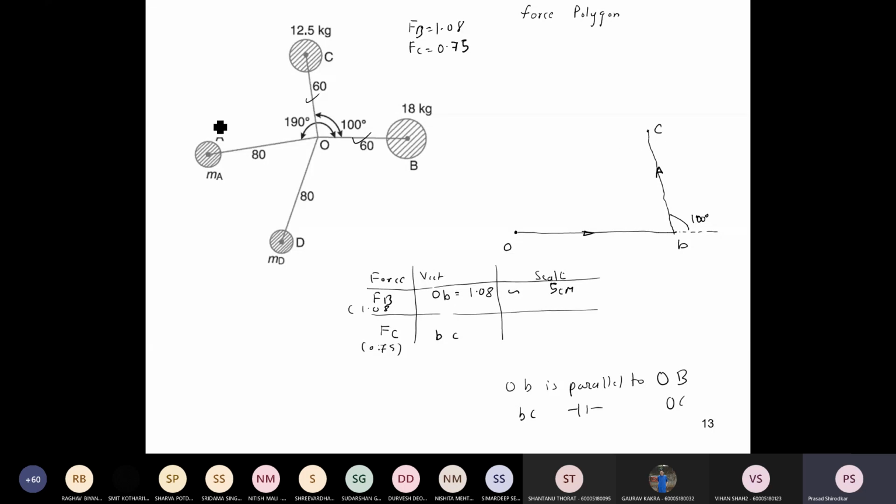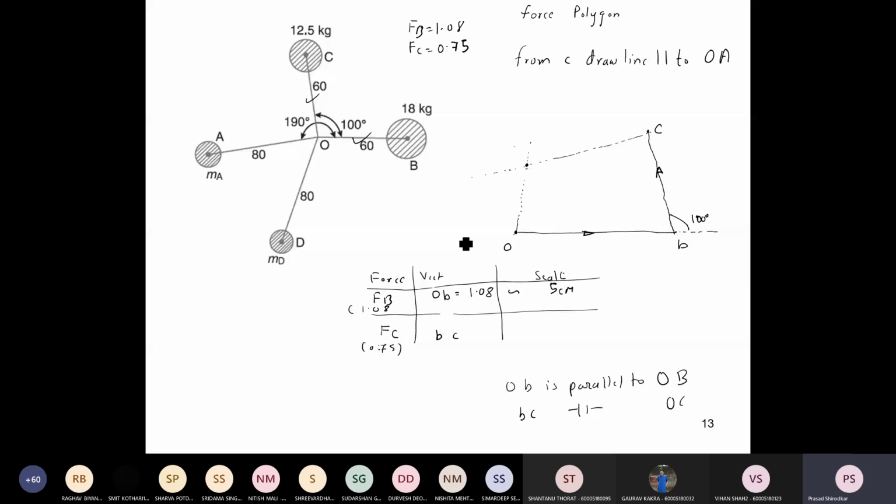So from C, draw a line parallel to OA, and from O, draw a line parallel to OD. Right. So these two lines will intersect.